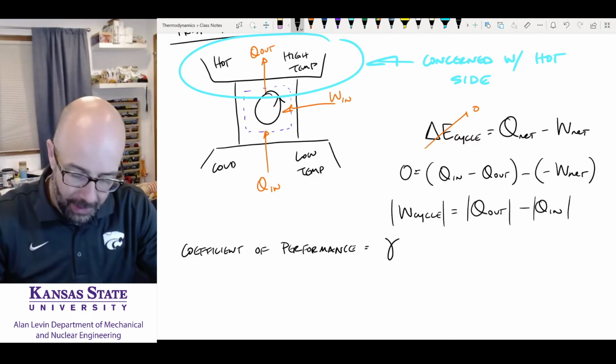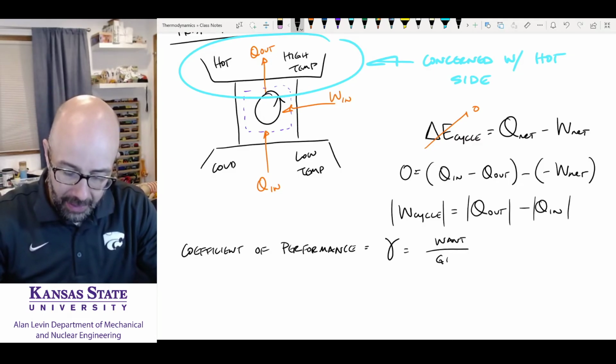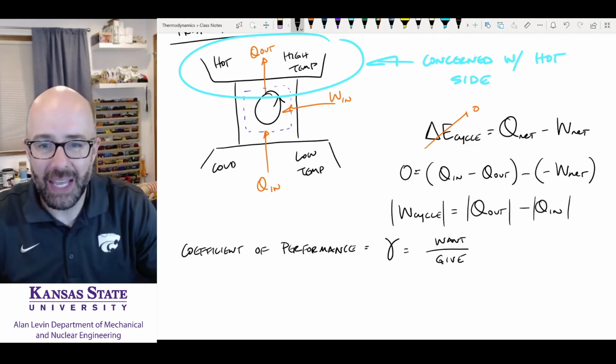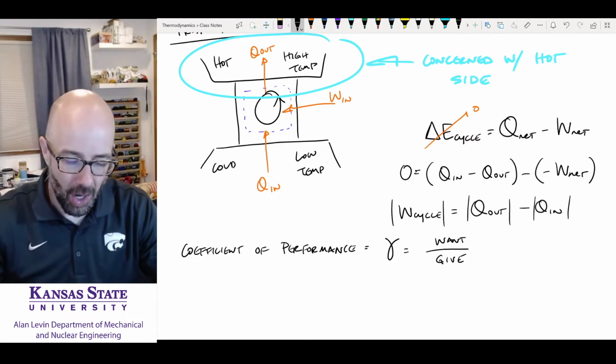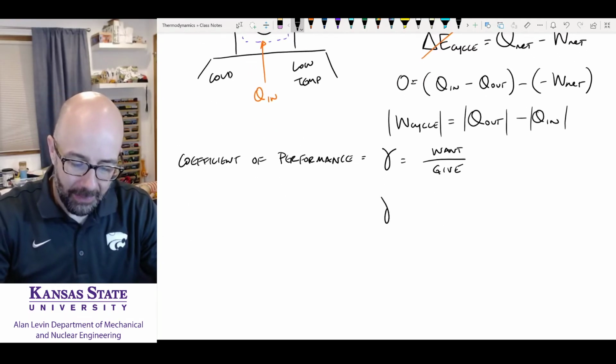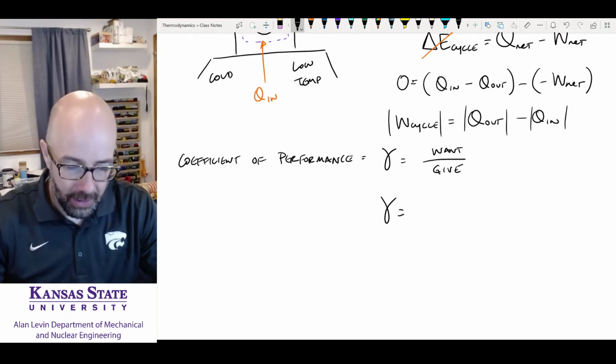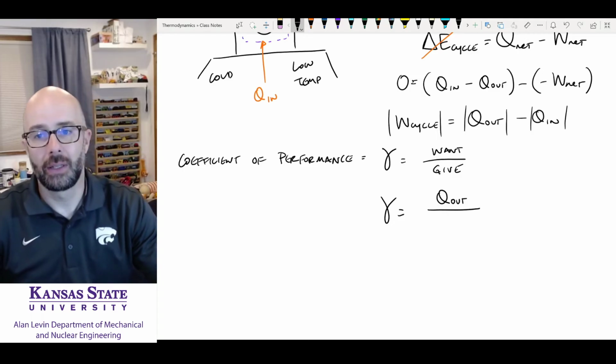It's still going to be what do we want over what do we have to give. But we're going to have to look at it a little differently because we don't want the same things as what we wanted in a refrigeration cycle. What do we want in a heat pump? We want Q out. Q out is what we want.